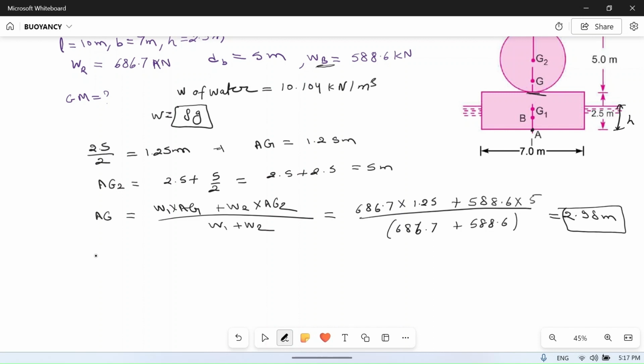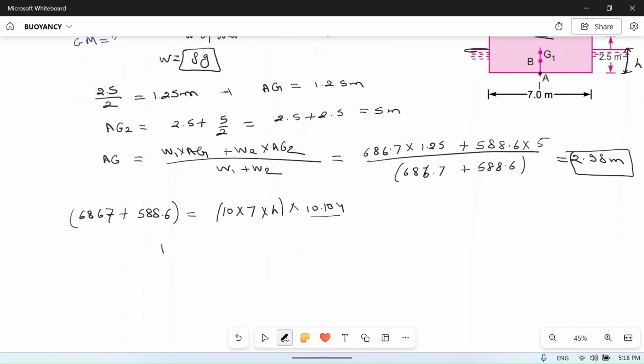So 686.7 plus 588.6 is equal to volume of water displaced. Suppose the volume is below the rectangular portion only, so volume of rectangle is L B into H. So L is 10 into width 7 into height we have assumed H, so this is volume, into weight density. So weight density is 10.104. Everything is in kilonewton, so we have kept it in kilonewton also.